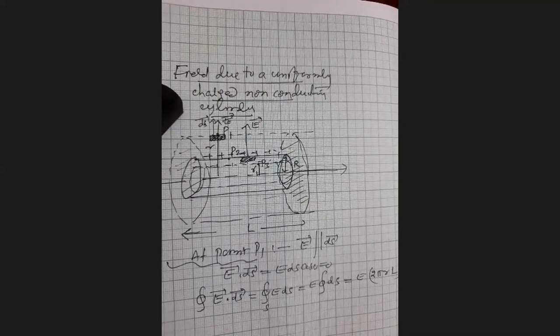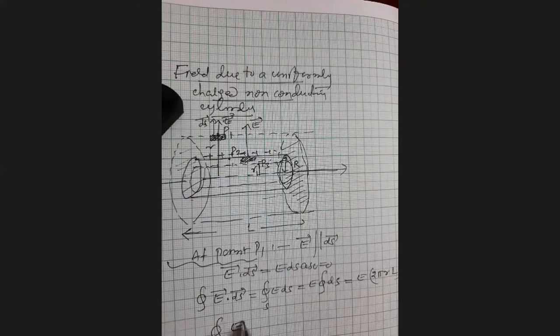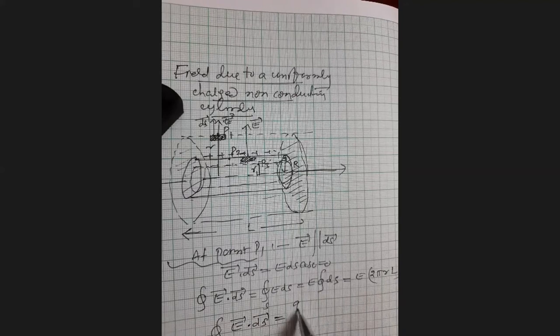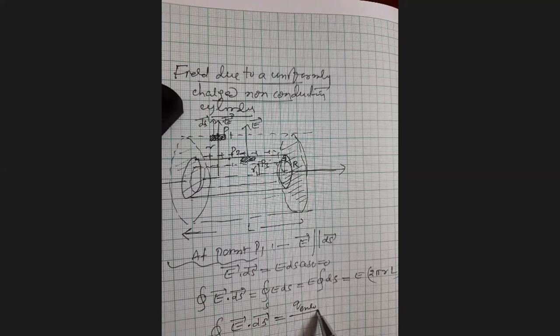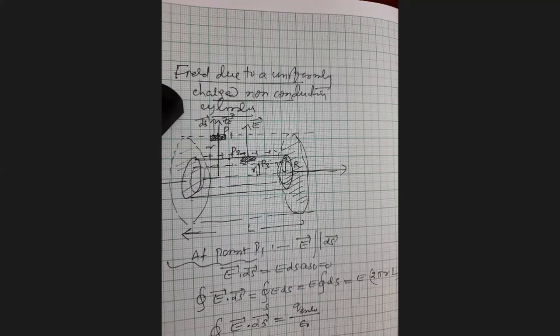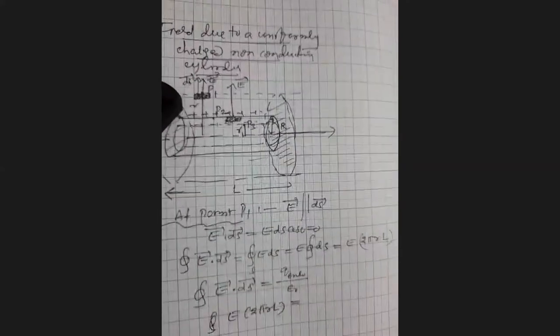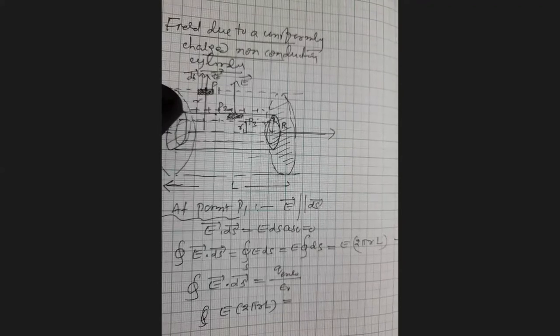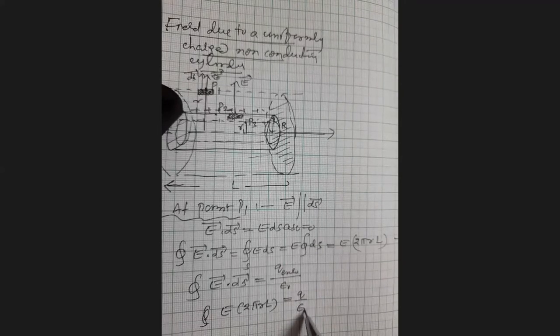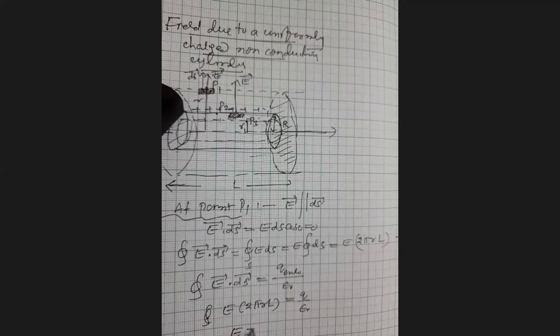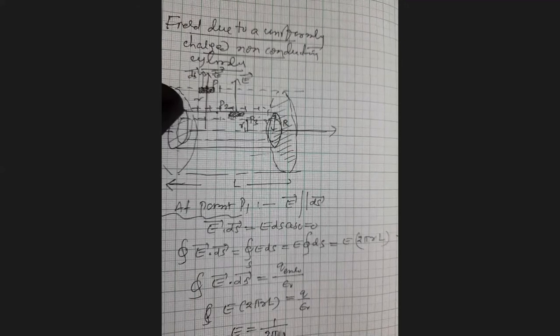But according to Gauss law, the total flux through any closed surface should be equal to the charge enclosed by the surface divided by epsilon naught. That is, E times 2 pi r L equals Q by epsilon naught. From this, E equals 1 by 2 pi epsilon naught L times Q by r.